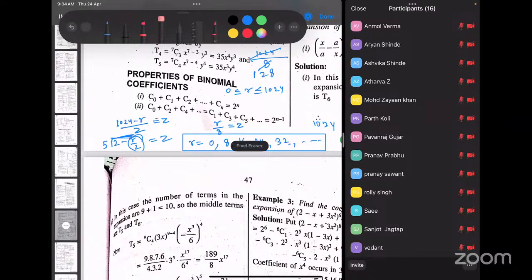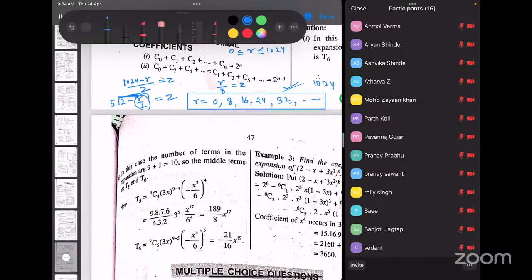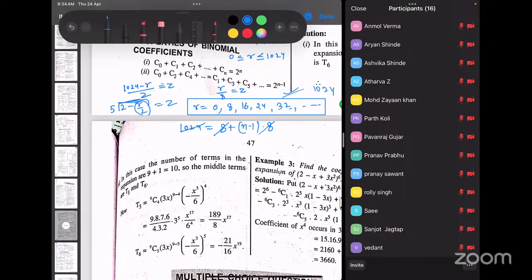Now you can find the total number of terms starting from 8 to 1024. So 1024 equals a plus n minus 1 into d, where d is 8. If you divide 1024 by 8, this will be 128 equals 1 plus n minus 1.